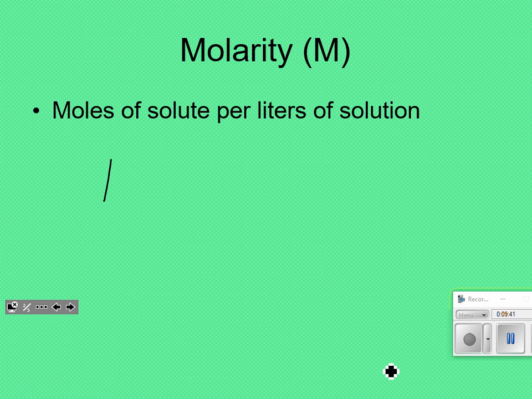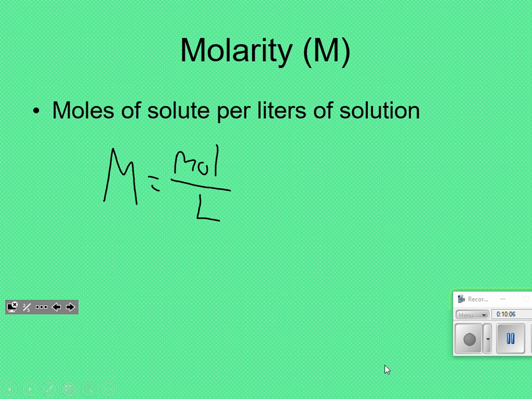And molarity is your moles of solute divided by liters of solution. That's how we'd abbreviate that equation. You learn it in Chem 1, you learn it in AP Chem, you have to do solution stoichiometry with it in AP, you had to know spectrophotometers, how that's related to absorbance.